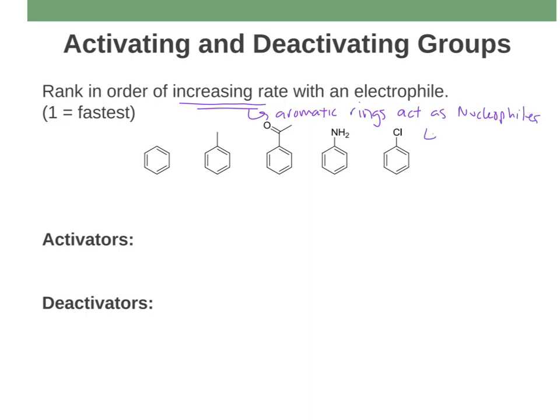And if they're going to act as nucleophiles, that means we want them to be electron rich. The more electron rich they are, the more negative they are, the more they're going to attract that positive electrophile. And the easier it's going to be to form that carbocation intermediate, right? If you're really electron rich, you can stabilize a carbocation intermediate.